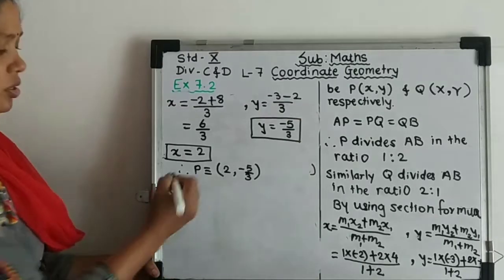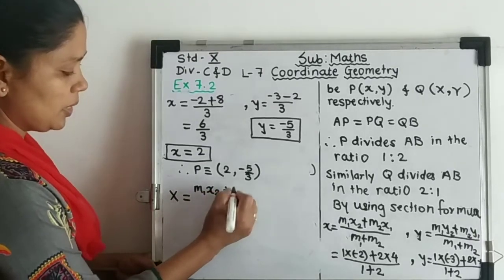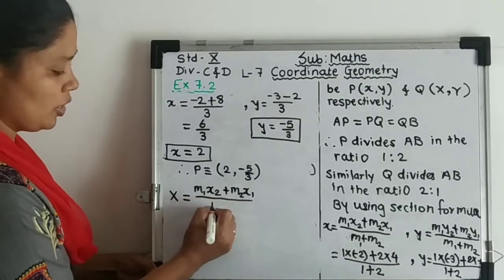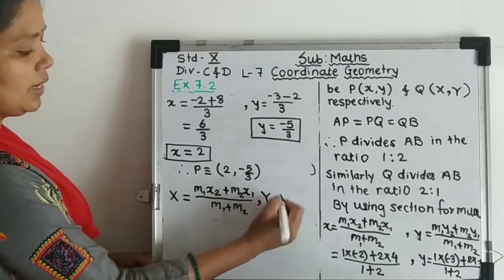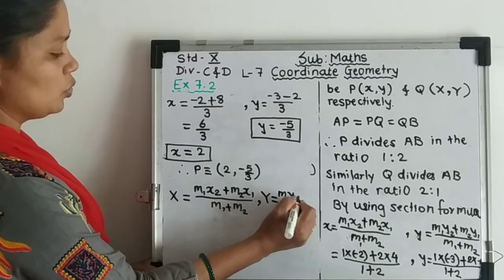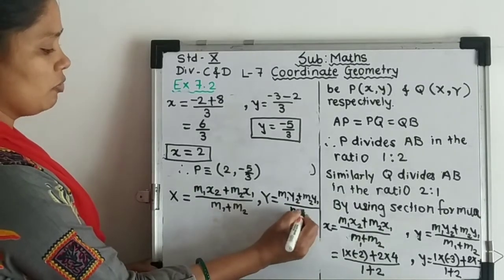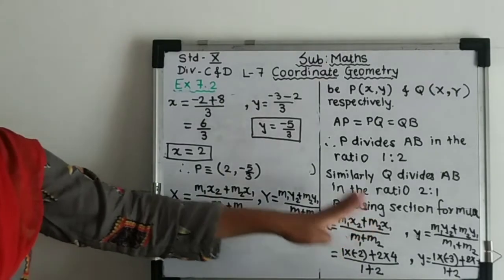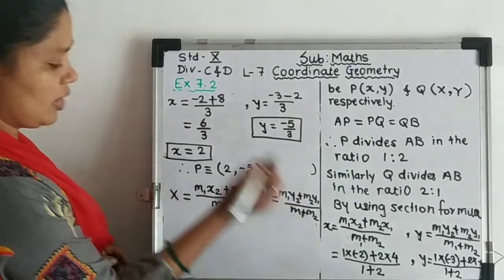X is equals to m1 into x2 plus m2 into x1 upon m1 plus m2, comma, bigger letter y equals to m1 y2 plus m2 y1 upon m1 plus m2. Okay? Once the formula is written, section formula we have written. Now we will substitute the values.